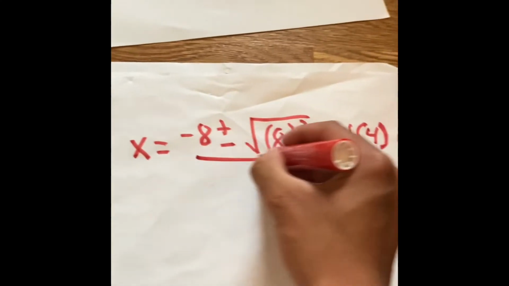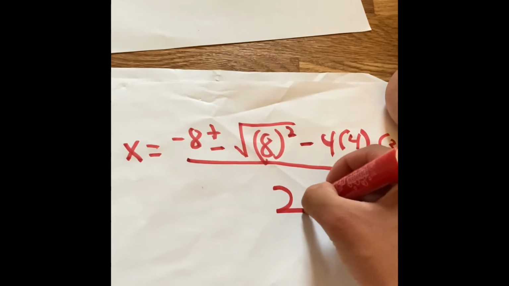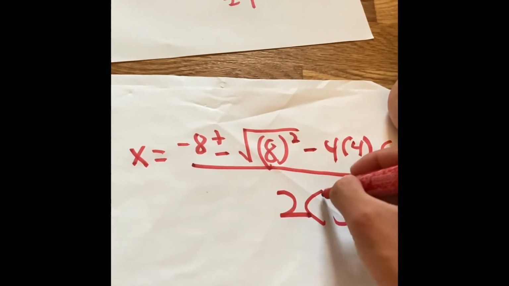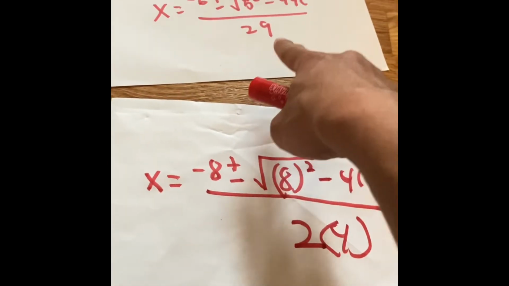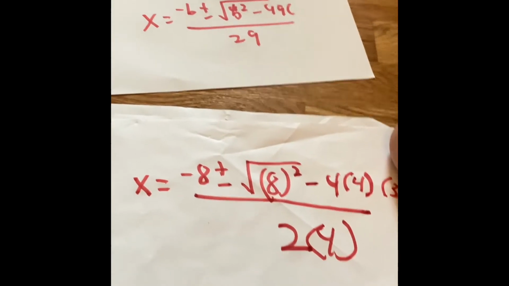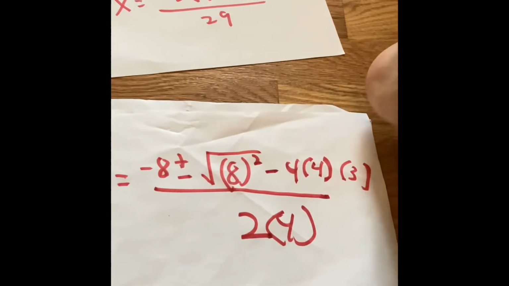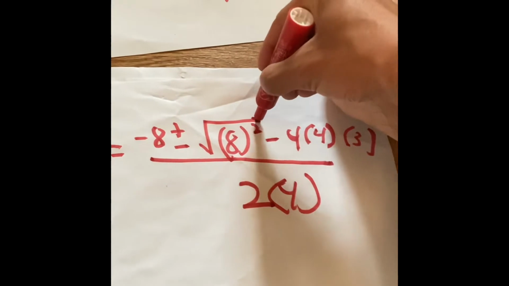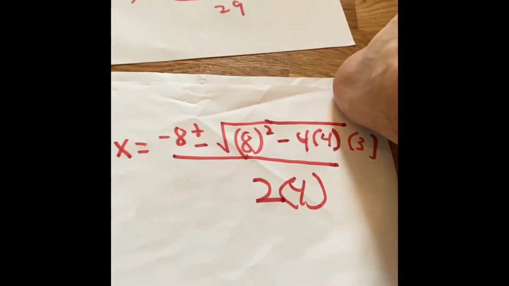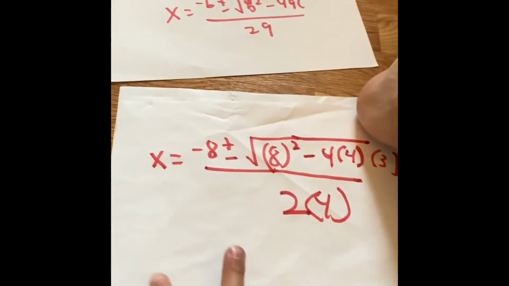Now we have to divide everything by 2 times 4, because of the 2a on the bottom of the quadratic formula. Now we actually get to solve it. We get to simplify and find out what our two x's are.